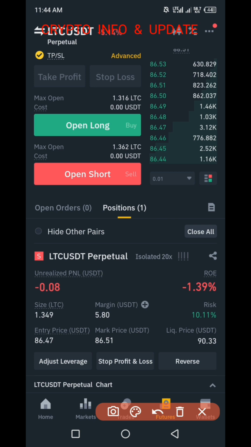So we waited when the price of LTC increased, because we are in a short position. When it increased to 86.53, our second entry price got filled. Do you understand? So we are maximizing the increase in price of LTC so as to maximize our profit ultimately, because we took a short position. But in a long position, the reverse is the case.